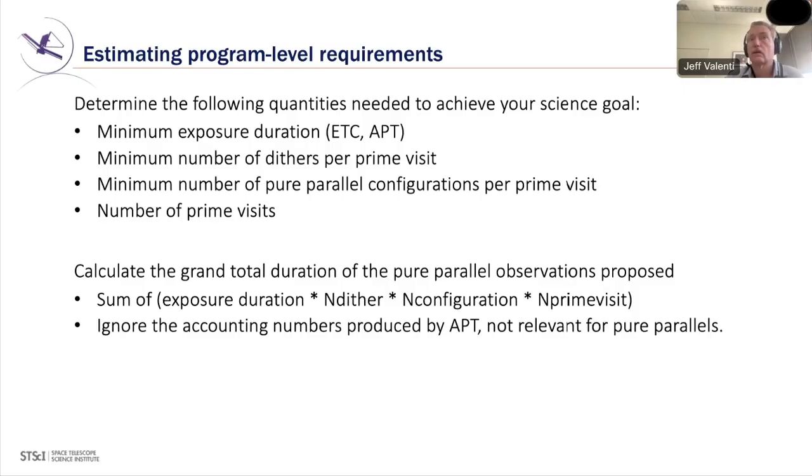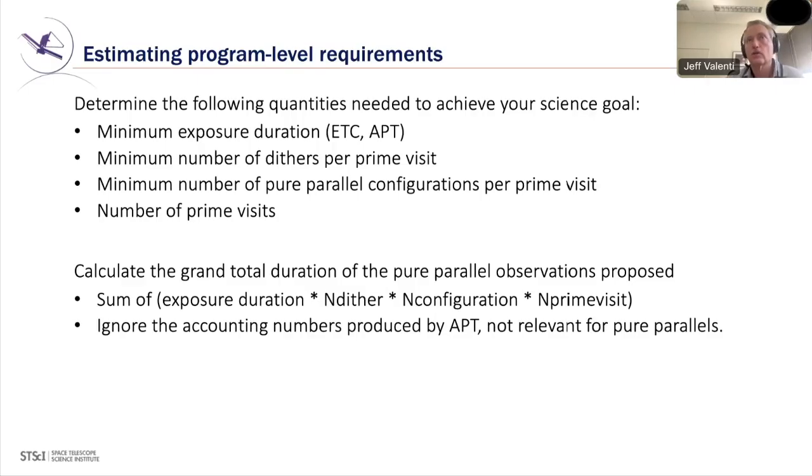And then basically how many different regions on the sky you need to look at, which translates roughly to the number of prime visits. So if you multiply all those things together, you get basically how much time you need for science. And because it's a pure parallel program, we don't charge overhead like the prime visits for slewing and instrument configuration and so forth.